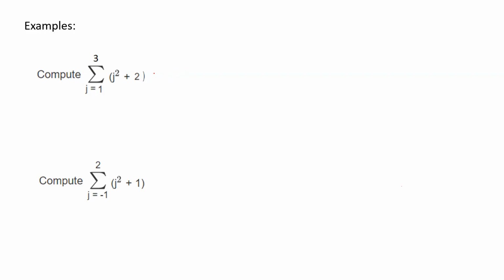So we would start by saying that J is starting with a 1. So when J is 1, we have 1 squared plus 2. Okay, and then now J is going to be 2. So this would be like the first little term that comes out of there. And then when J is equal to 2, we're going to have 2 squared plus 2.